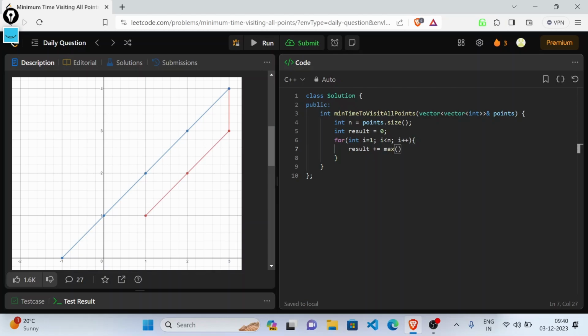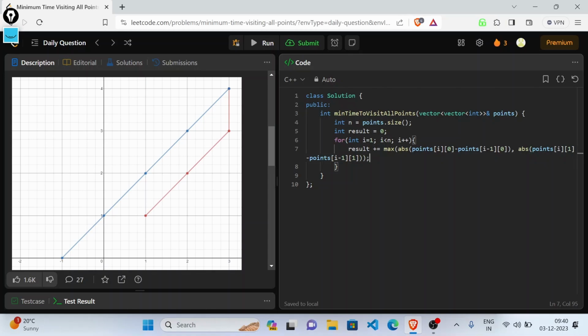So we will take the maximum of the absolute differences of the coordinates: the x coordinate of the first point minus the x coordinate of the second point, and the difference of the y coordinates.